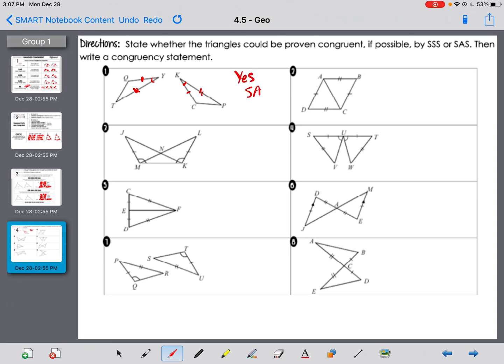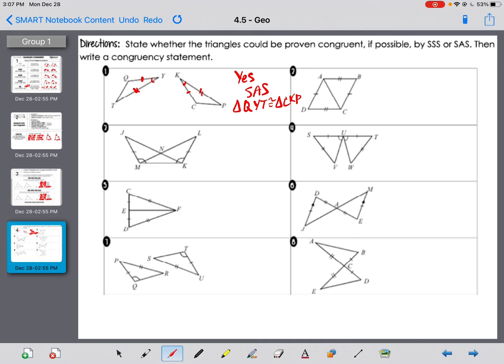That to me is a yes, because SAS, and now we just have to match them up. So triangle QYT is congruent to triangle C. So that's the one that was Y was the same as K, and then T was the same as P.